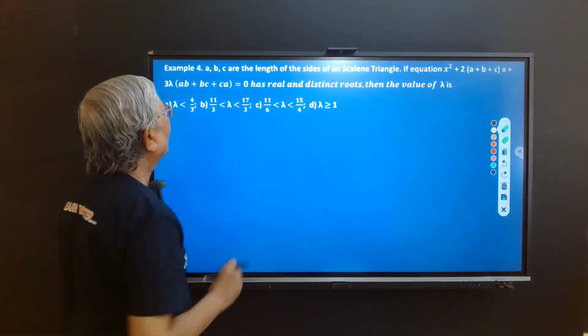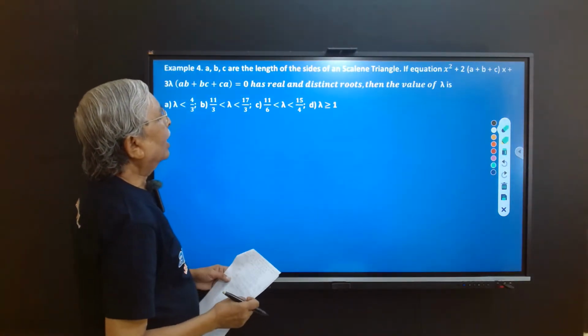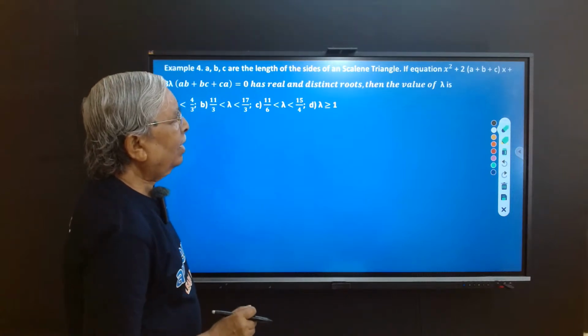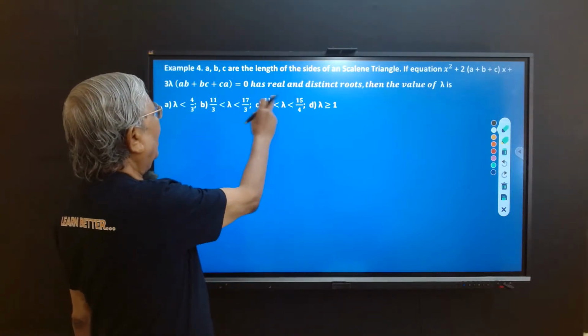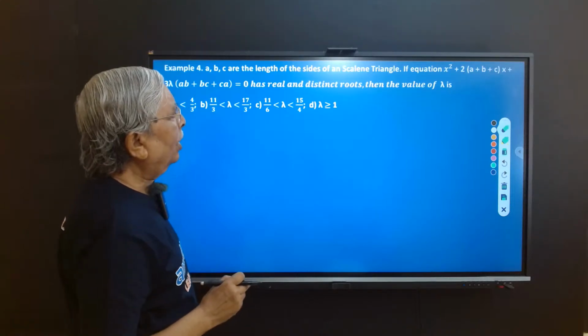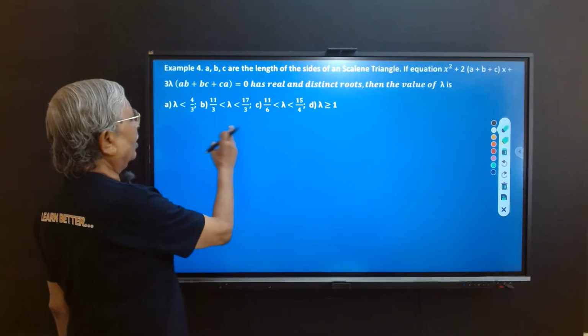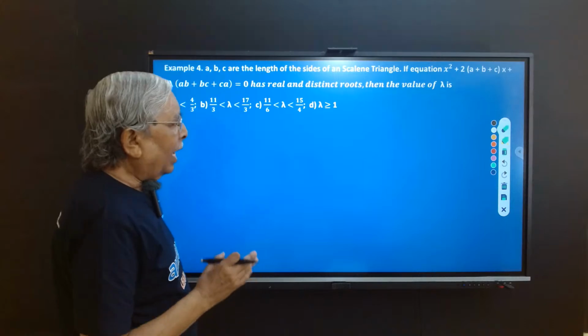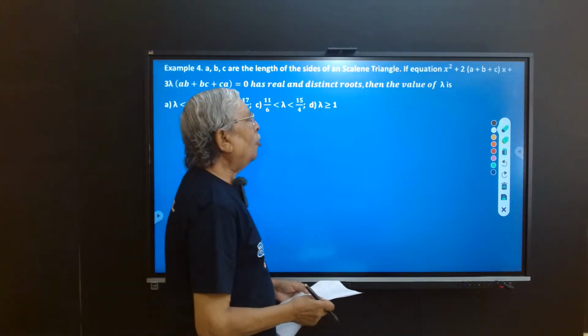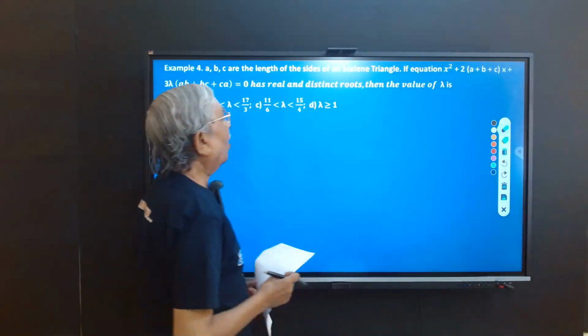You are given a, b, c are the sides of a scalene triangle, and if the equation has real and distinct roots, then the value of lambda is one of this.